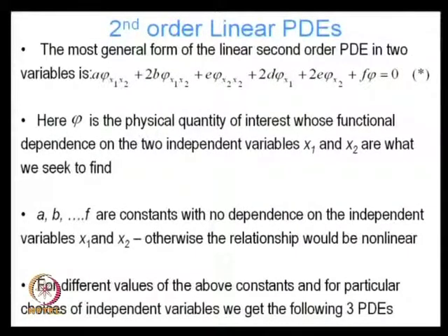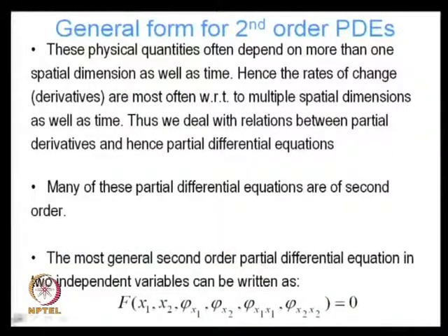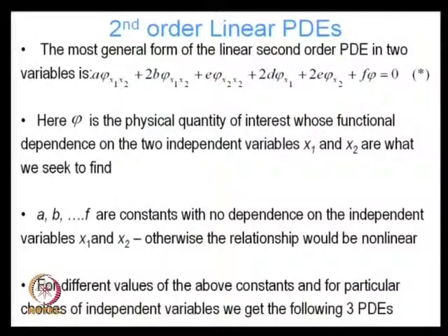The previous equation that we showed was for the general second order nonlinear equation. If it is a linear equation in two variables, then it has this form. This is the general form of the linear equation, where now A, B, C, D, E and F are all constants.